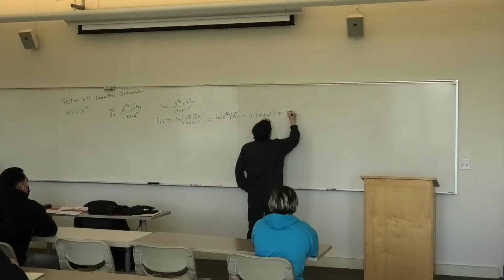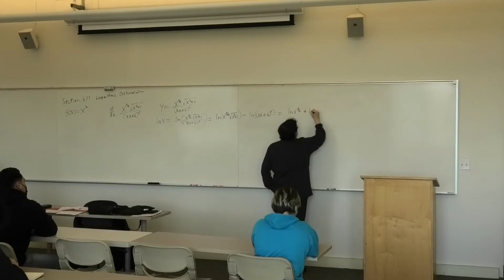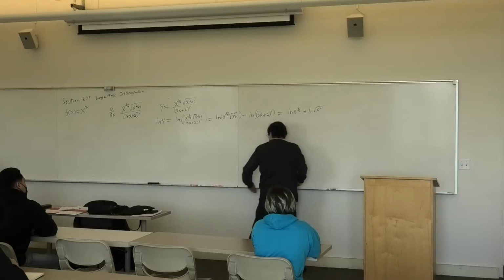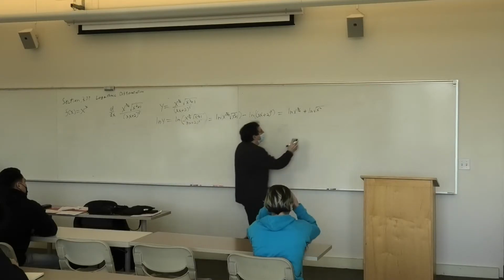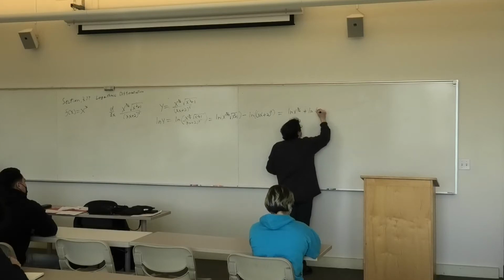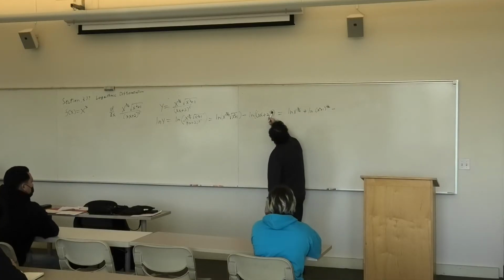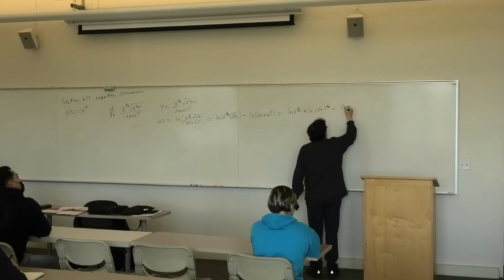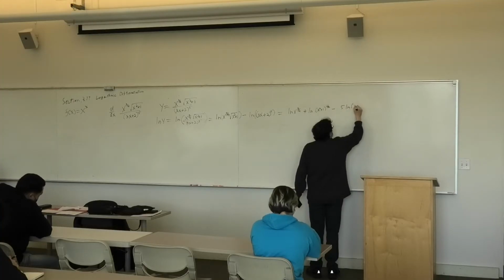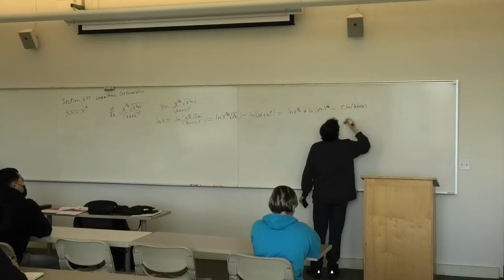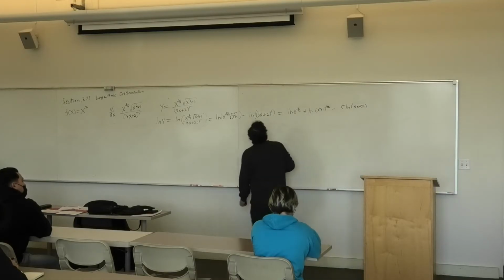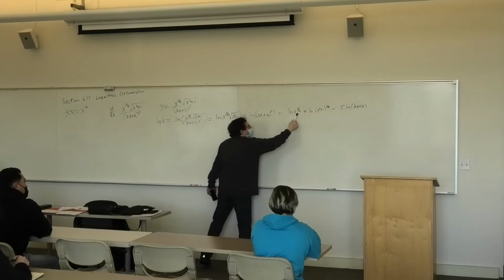It's the log of x to the 3/4 plus the log of the square root of x squared plus 1. Let me write this the way I want to. This is x squared plus 1 to the 1/2, minus, and I have an exponent here, take that out in front, 5 times the log of 3x plus 2. I have an exponent here too.